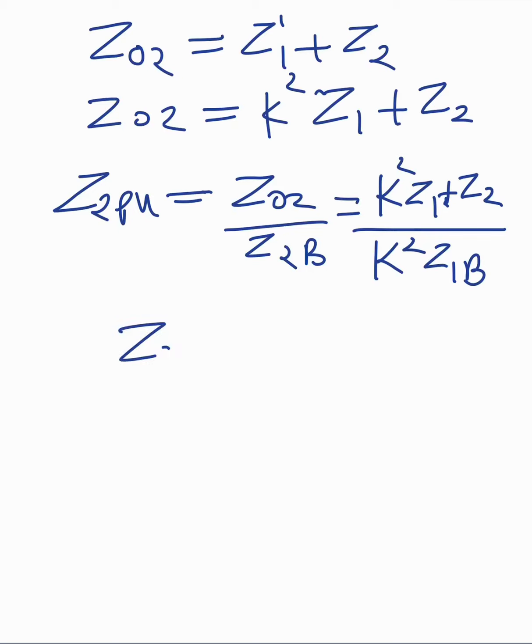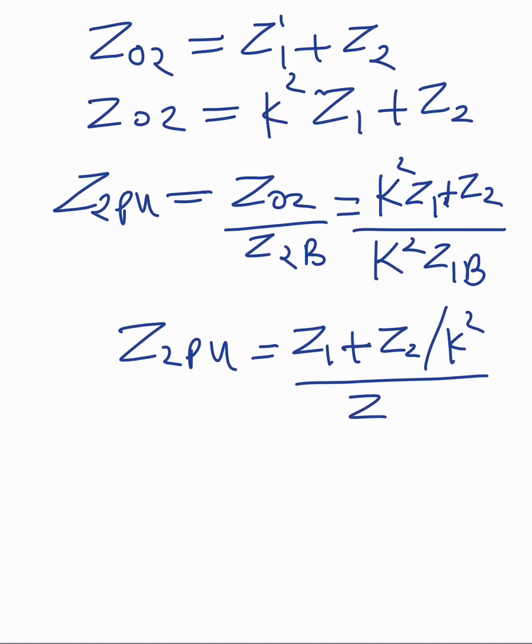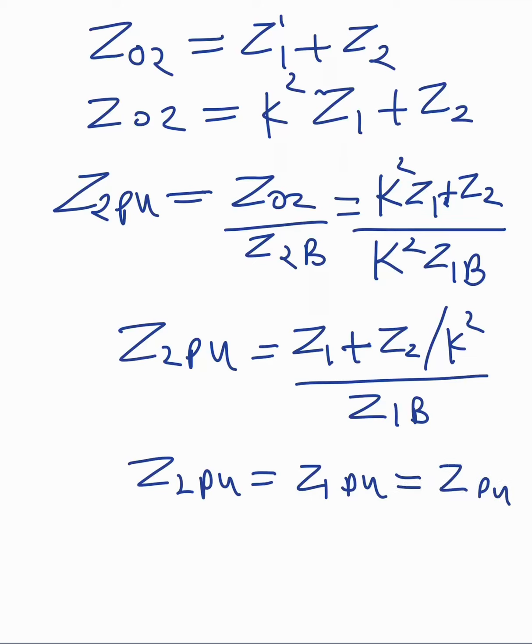So Z2 per unit is equal to Z1 plus Z2 upon K square divided by Z1B. So Z2 per unit is equal to Z1 per unit, which is equal to Z per unit.